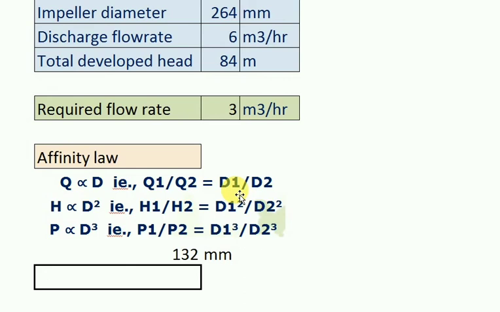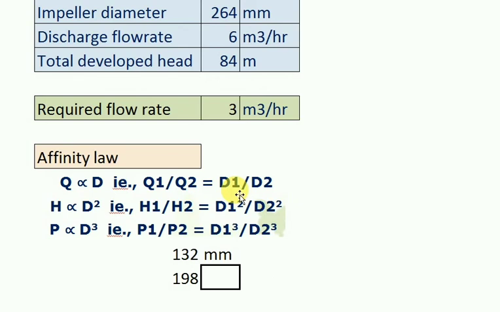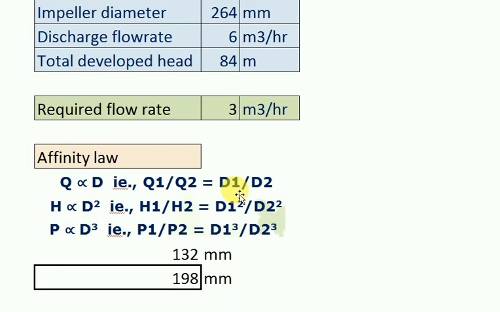So we will keep a margin of 25%: 0.25 into 264, that is 66 mm, we can trim out. So the required impeller diameter will be 198 mm.